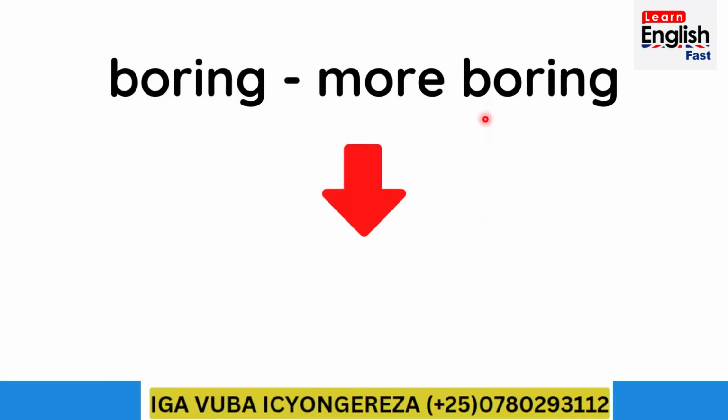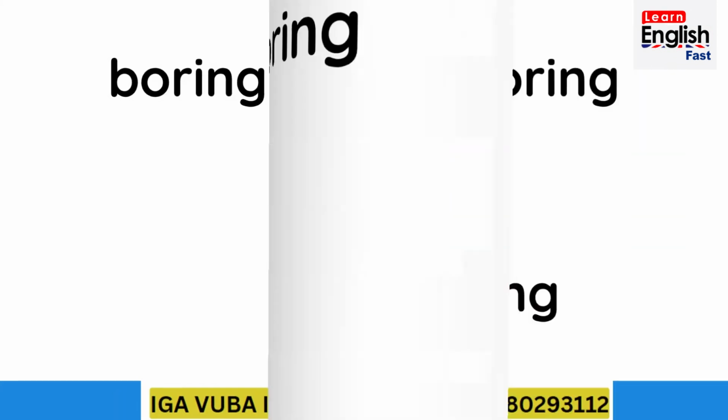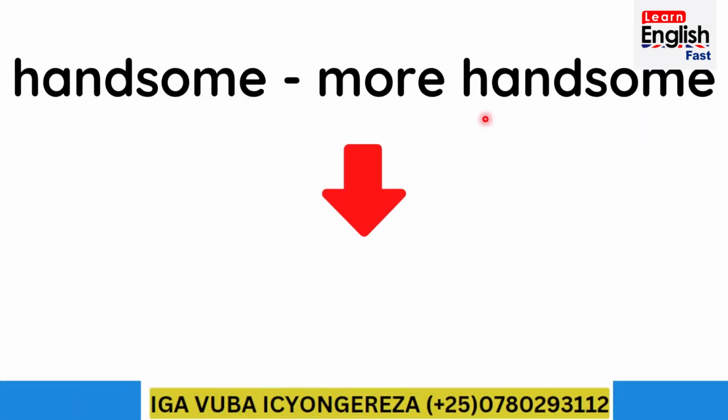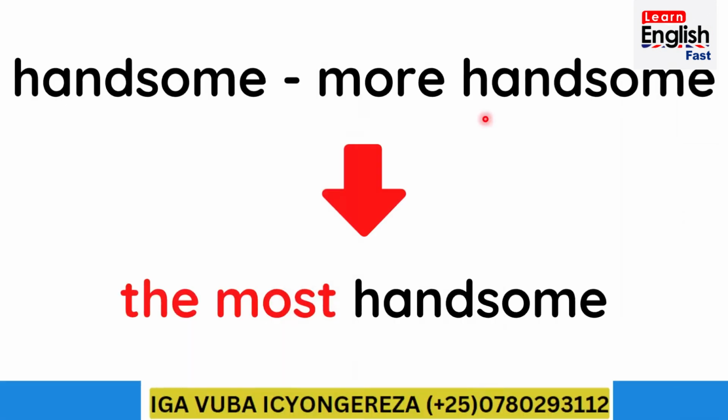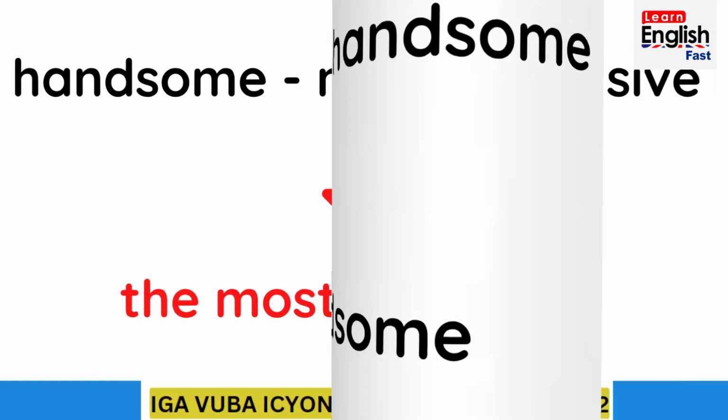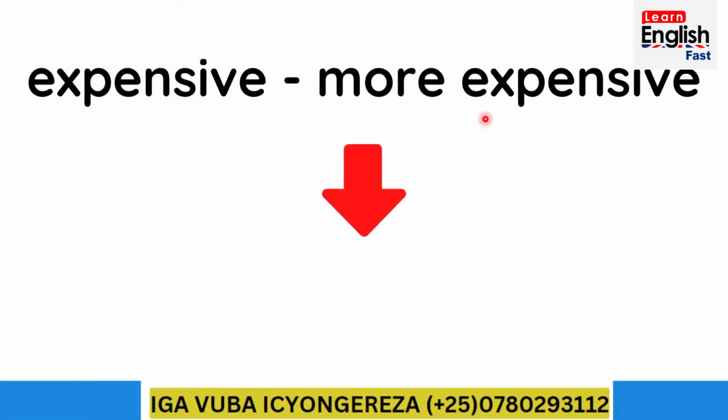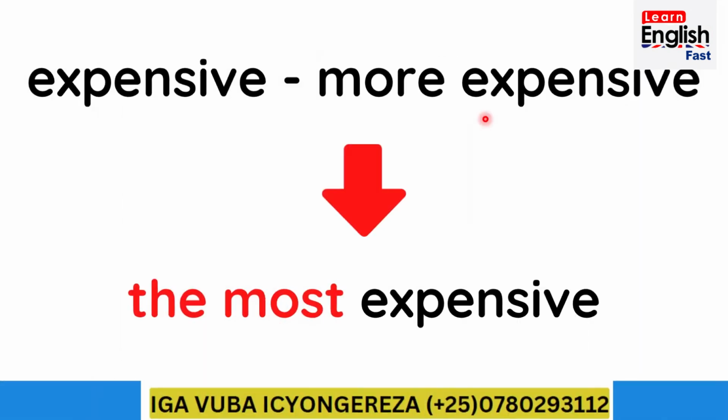Boring nurambirana, more boring nuri kurambirana kurushaho, none most boring. Handsome ni mwiza, more handsome mwiza gusumba undi, noneho the most handsome mwiza gusumba abandi bose. Next, expensive ni gihenze, more expensive gihenze cyane, the most expensive gihenze noneho gusumba ibindi byose bisigaye.